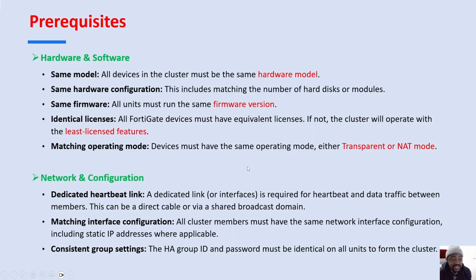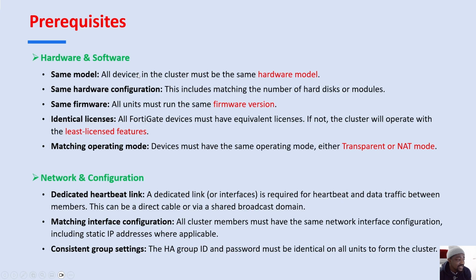So what are the prerequisites if you want to implement FortiGate high availability? There are two categories of prerequisites. One category is related to hardware and software, and the other one is network configuration. Under hardware and software, you need to make sure that the FortiGate devices taking part in the HA cluster have the same model.